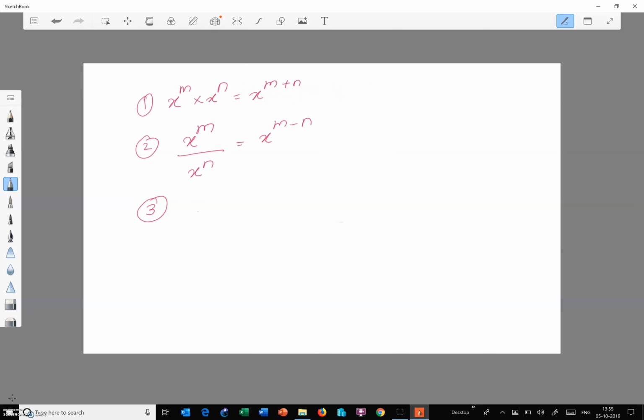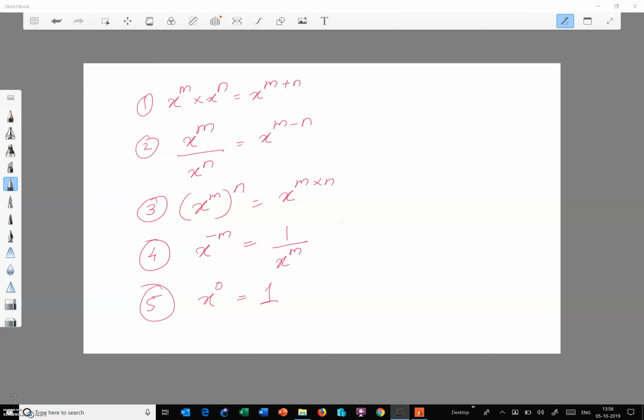Third rule: x to the power m, the whole raised to n, equals x to the power m times n. Fourth rule: x to the power negative m, or negative n, is 1 over x to the power m. And also we have studied that x to the power 0 is equal to 1.